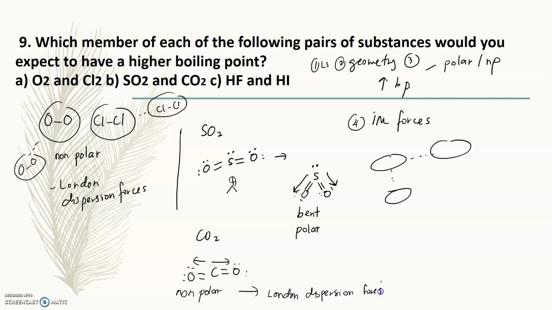Okay, for sulfur dioxide, which is polar, what are the intermolecular forces between sulfur dioxide molecules? The interaction between one sulfur dioxide molecule and another. So these are polar molecules, so the intermolecular forces include dipole-dipole forces.